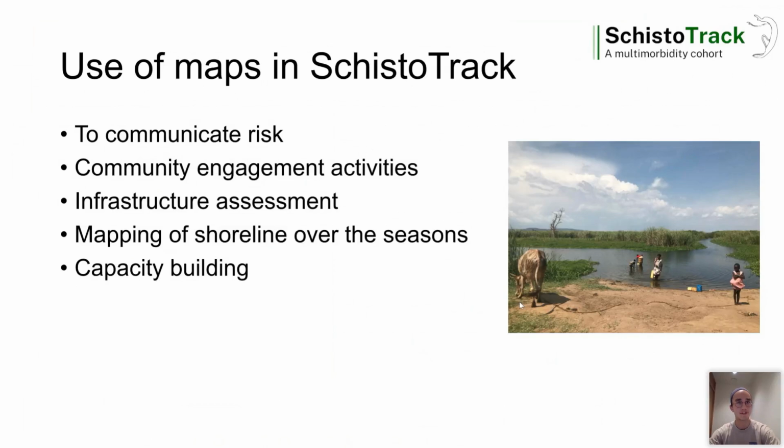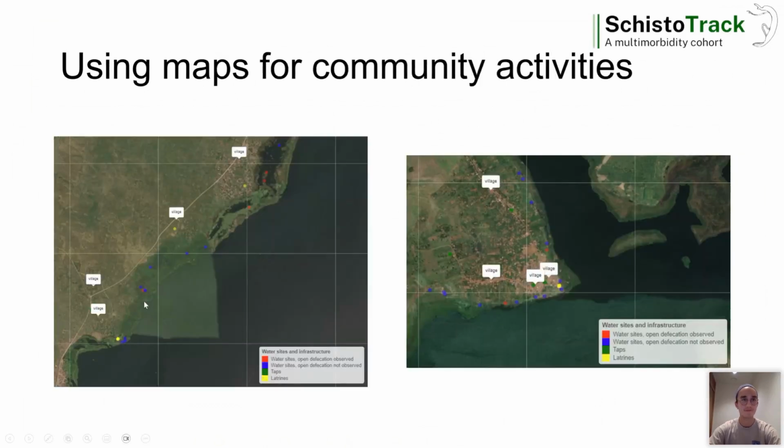We also use maps to assess levels of infrastructure access across the districts, mapping the shoreline and how it changes over different seasons, and building capacity among wider SchistoTrack and Uganda Ministry of Health teams by hosting interactive software workshops.